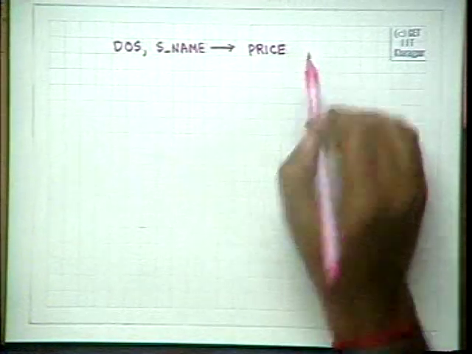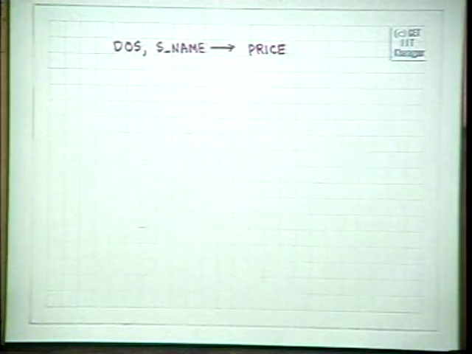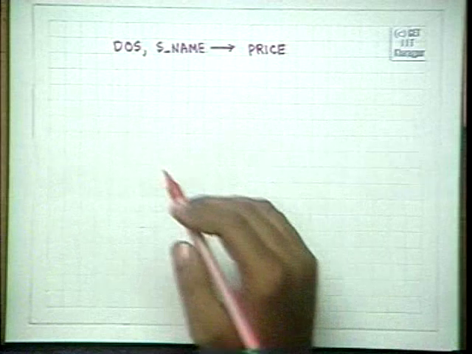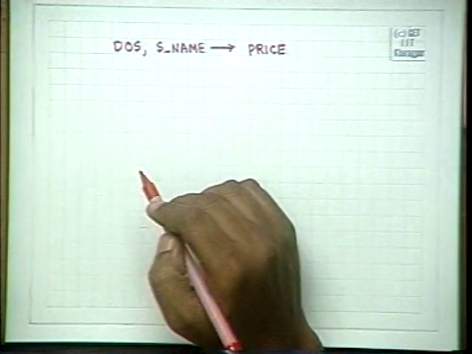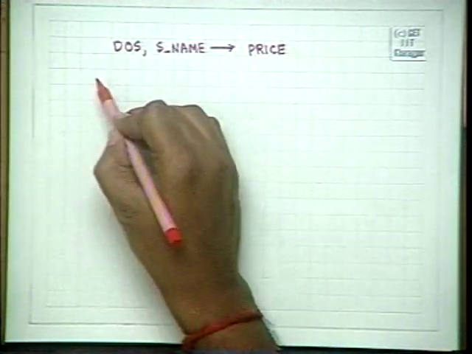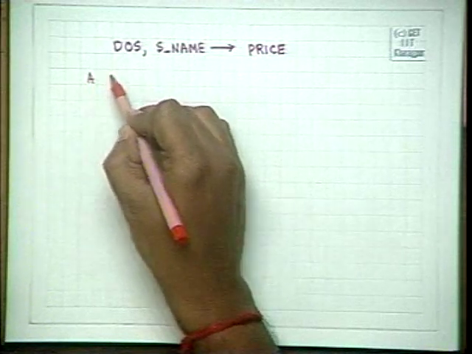What does this mean? One supplier supplies books of the same price on the same day.